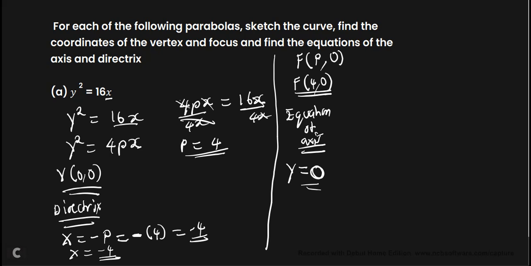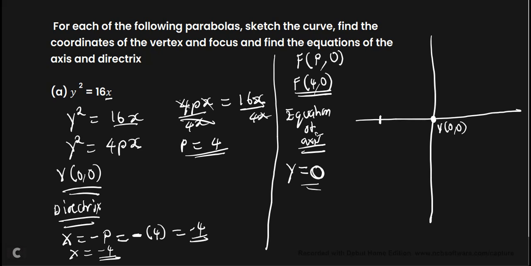Let's sketch this graph. First, let's plot the vertex. Our vertex is here, which is (0, 0). And then what is our directrix? Our directrix is x equal to negative 4, so you plot where there is negative 4.